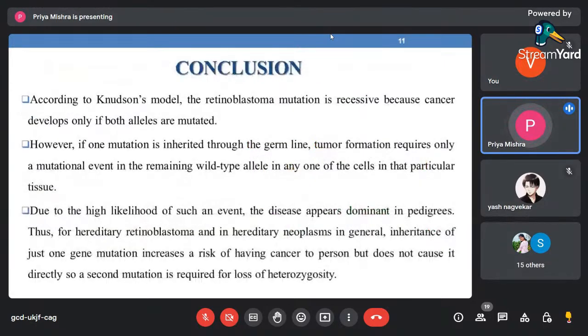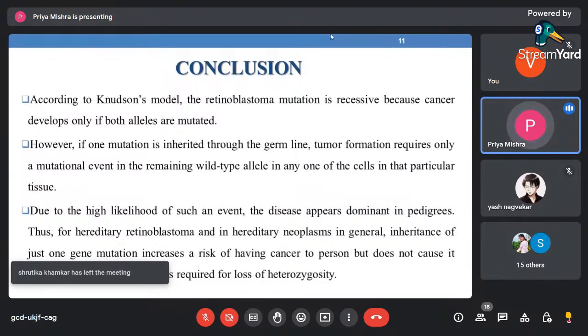Coming to the conclusion, according to the Knudson model, the retinoblastoma mutation is recessive because cancer develops only if both the alleles are mutated. However, if one mutation is inherited through the germ line, tumor formation requires only a mutational event in the remaining wild type allele in any one cell of that particular tissue. Due to the high likelihood of such an event, the disease appears dominant in the pedigree.